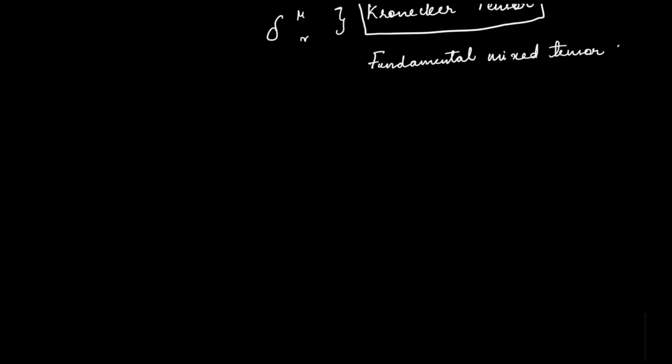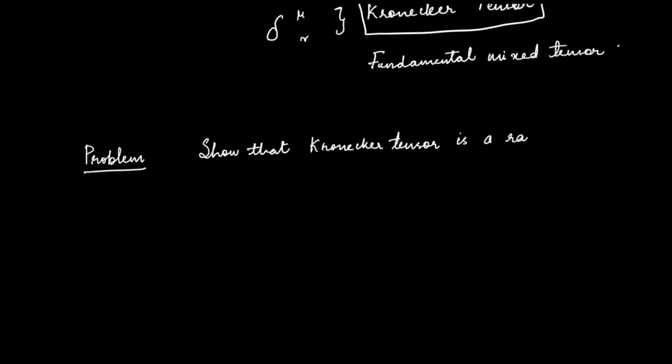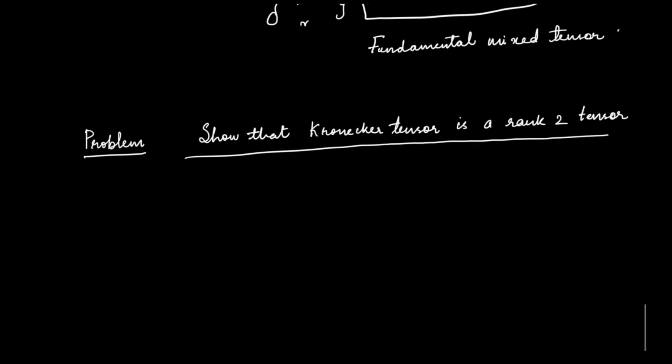Now we'll see a problem. Show that the Kronecker tensor is a rank 2 tensor.